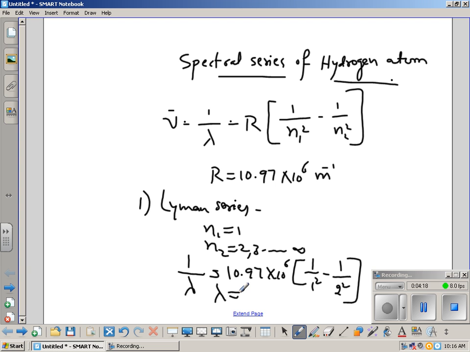Here you wrote the reciprocal, now it is lambda only. After taking LCM, 4 minus 1 by 4, that is 3 by 4, so 3R by 4 in the bracket. That means lambda is 4 by 3R, that is 4 by 3 into 10.97 into 10 to the power of 6.